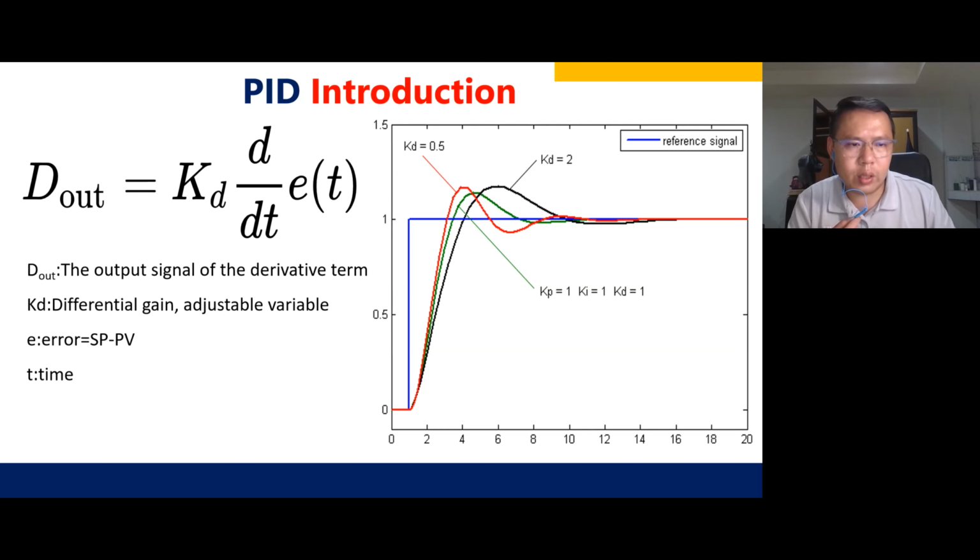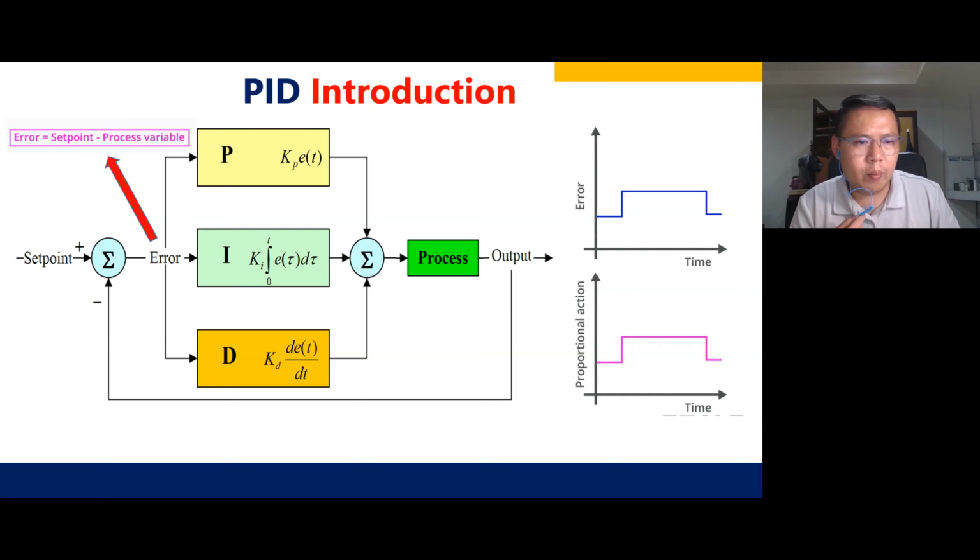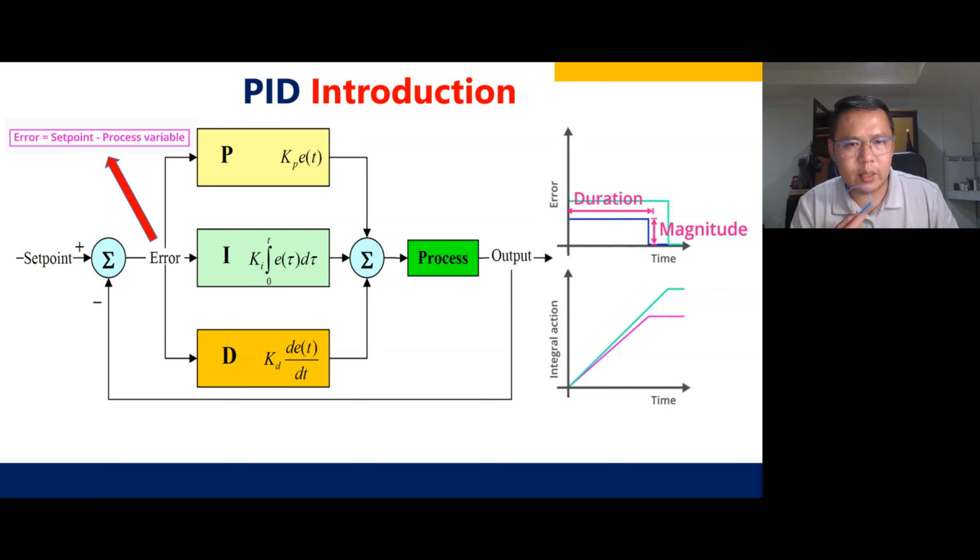Next, I will explain how the PID works. The proportional block creates an output signal proportional to the magnitude of the error signal. Unfortunately, the closer you get to the setpoint, the less it pushes. Eventually, the process just runs continuously close to the setpoint, but not quite there.